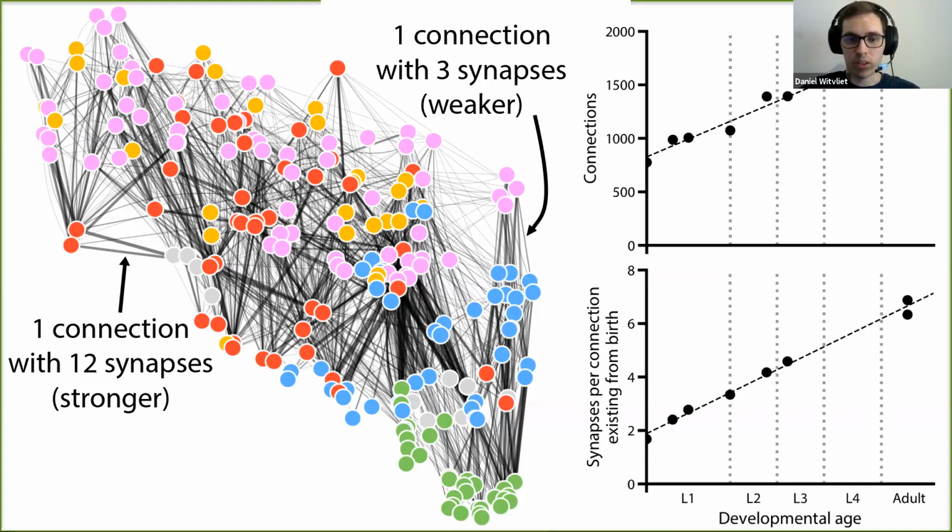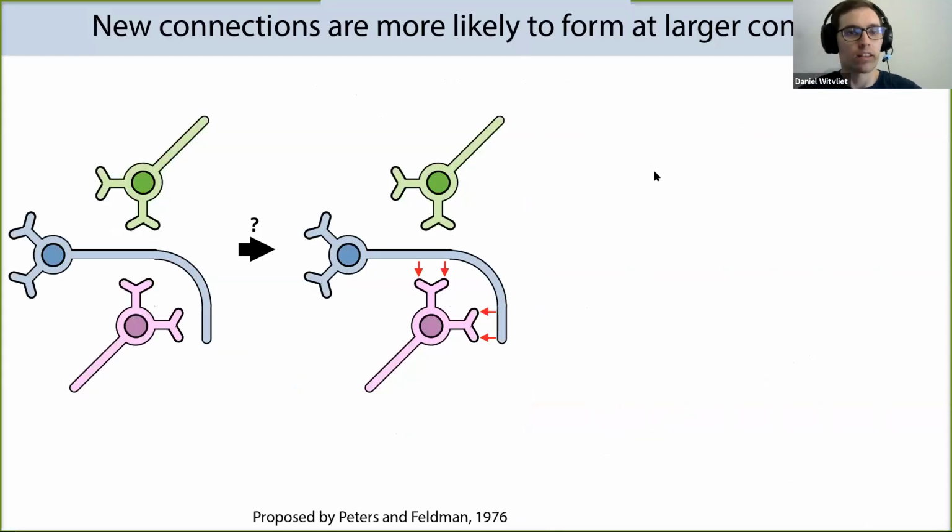So first, if we look at the creation of new synapses, which is the ones in this plot here, one long-standing hypothesis in developmental neuroscience is that synapse formation is driven by physical contact between 2 cells. So according to this model, neurons sharing a large contact area are more likely to build new connections.